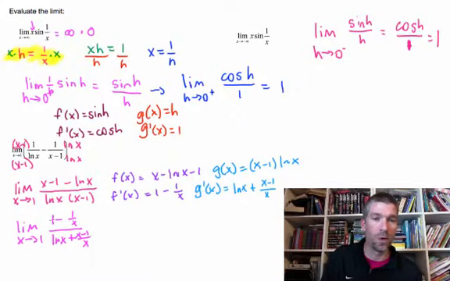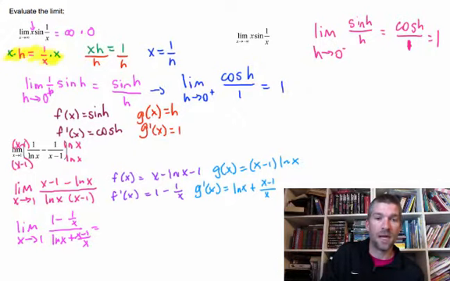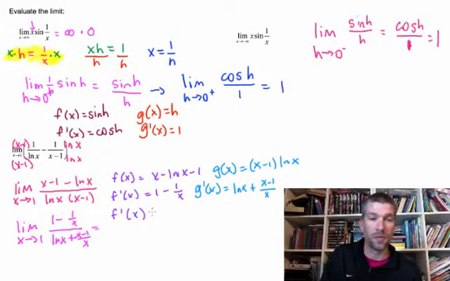I'll have 1 minus 1 on the top, which is 0, and on the bottom 0 plus 0 divided by 1, which is 0. That's indeterminate again. What does that mean? That means I now take the derivative again of f of x. The derivative of 1 is just plain old 0. And remember, negative 1 over x is the same thing as negative x to the negative 1 power.